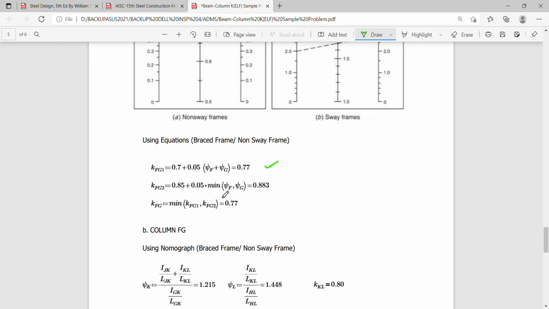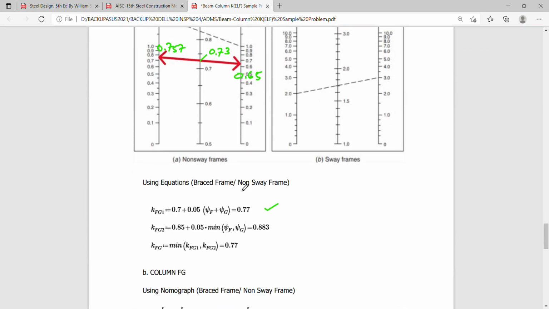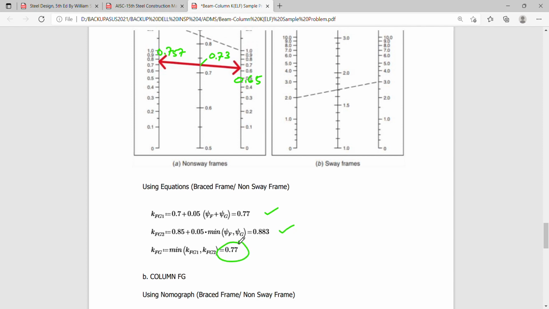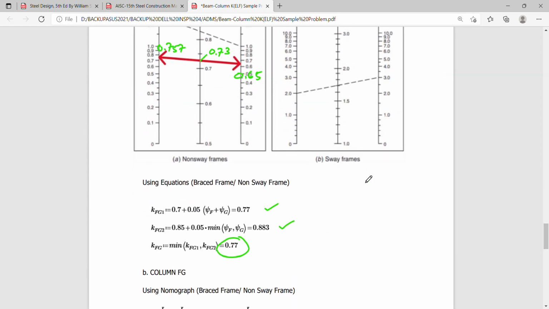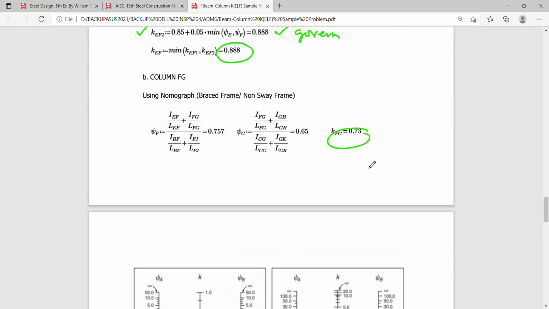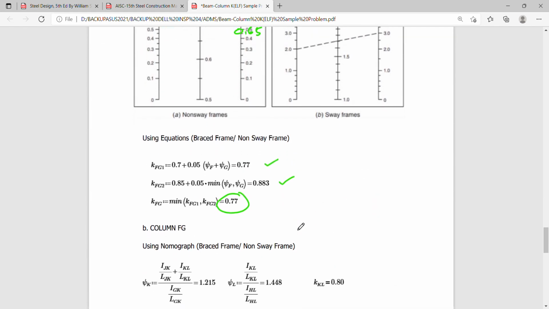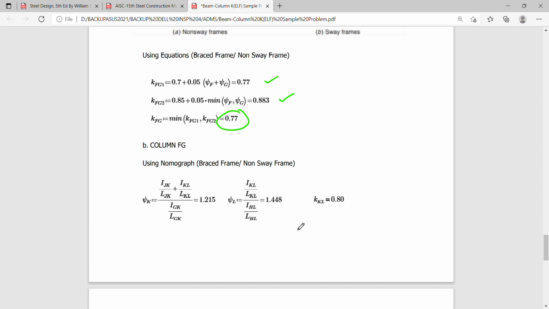And if I get the minimum of the two, which is 0.757, or sorry, 0.65, multiplied by 0.05 plus 0.85, I get 0.883. So I take the smaller value, this is 0.77, comparing it now with the nomograph value of 0.73. Again, slightly bigger than the first method here.